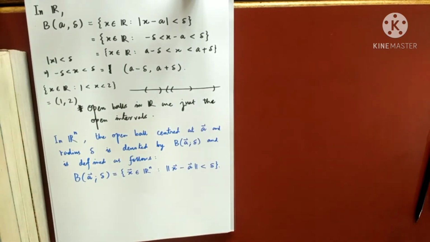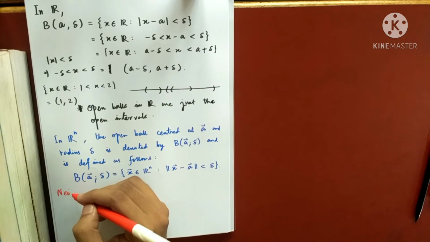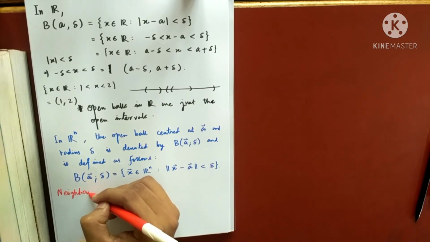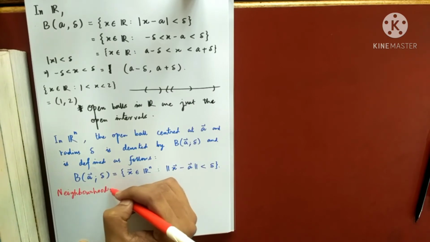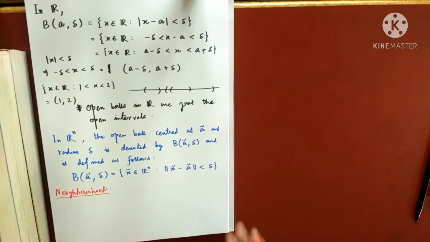After talking about open balls, we now talk about something called a neighborhood. Always remember, you have already heard of these topics in real analysis, the open intervals and the neighborhood.